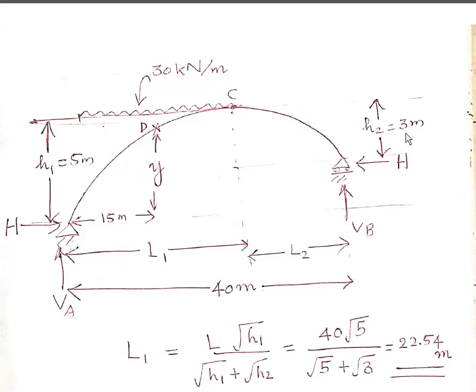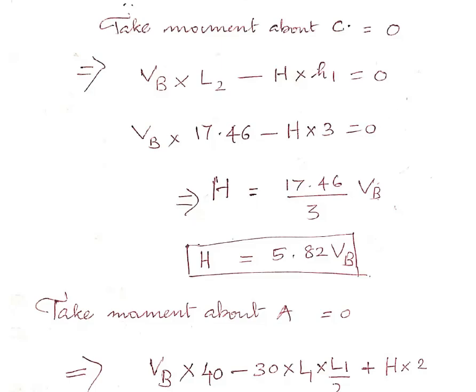We know that H2 is equal to 3 meter, and L2 we have already calculated. So VB into L2 minus H into 3 will be the moment about point C, and that will be equal to 0. It is not H1, it is actually H2, as the distance between H and C on the right side is H2.